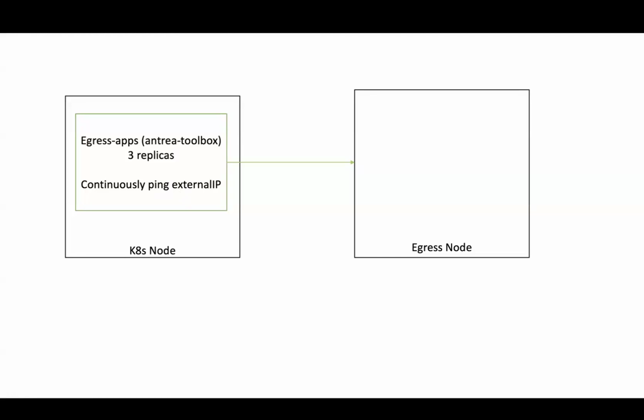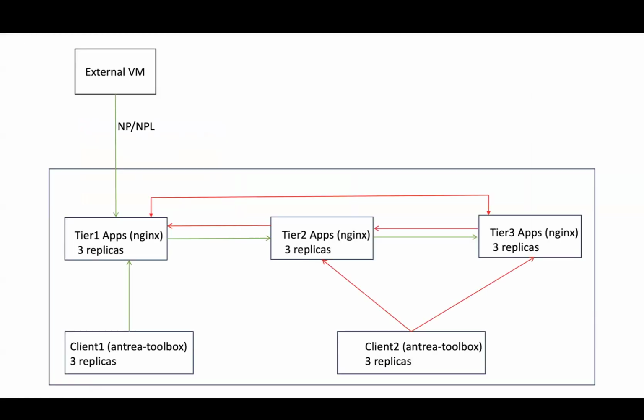One namespace is for testing connectivity, in-cluster connectivity and the network policy, and another namespace is for testing egress traffic. Like this one is one namespace. Namespace 2 is the same as this, just instead of exposing tier 1 apps via node port, I exposed them via node port local. That's the difference in the second namespace. The rest all remains the same.